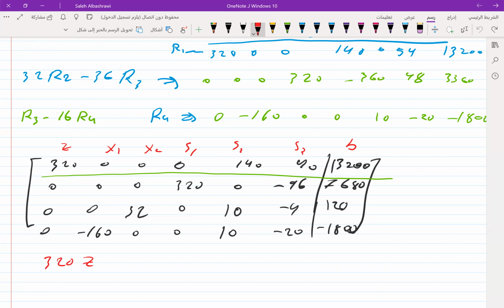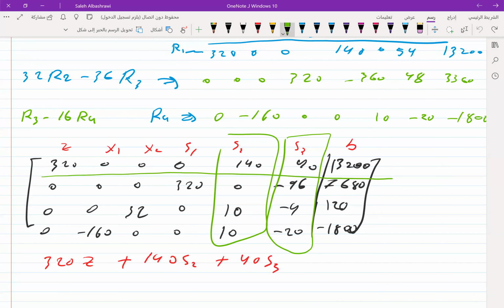From the first equation, I have 320 Z plus 140 S2 plus 40 S3. But S3 and S2 are non-basic. It means that we can say S2 equal to S3 equal to 0. Since we have more than one non-zero element in these columns, we can set S2 and S3 to be equal to 0.